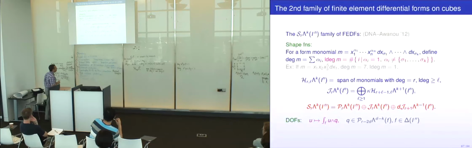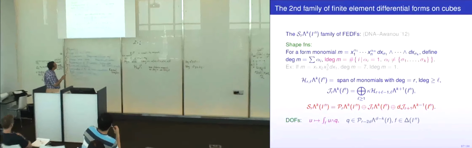But that's not enough because that doesn't give us a complex. When you take d of that, you don't get into the equivalent space one level higher. To give it a complex, I need that the previous space, when I hit it with d, is contained in this space. And so I just add d of this same space, only at the level r plus 1, k minus 1. And these are also of degree greater than r.